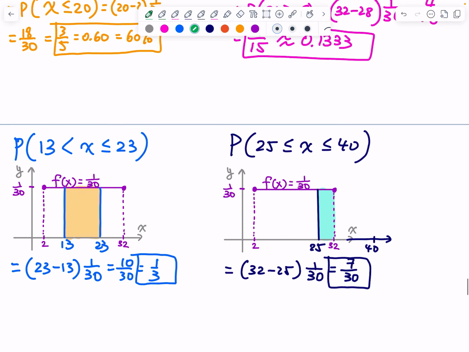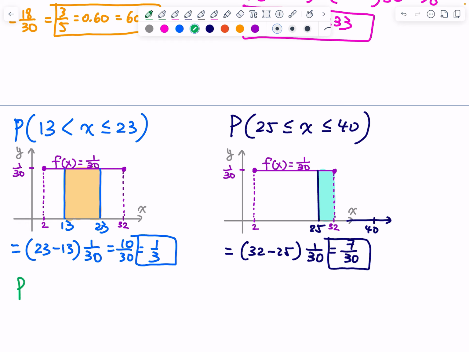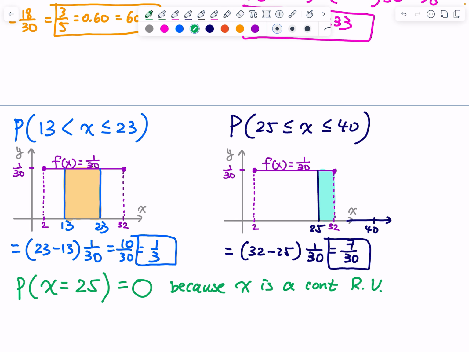One question that people ask me all the time is, what if I see one individual number, no between, nothing? If you see one number just like that, then this is equal to 0. Why equal to 0? Because x is a continuous random variable.